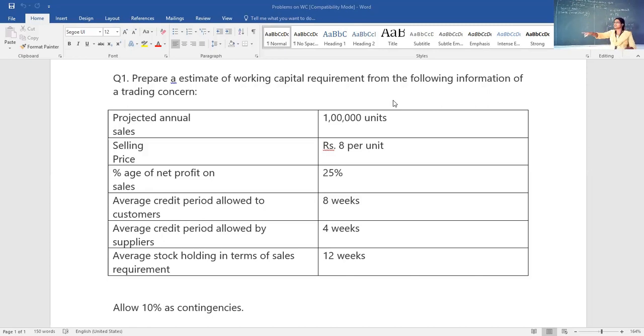Okay, so here the stock is given as 12 weeks, therefore I've taken 12 weeks divided by 52 weeks in a year. If it is in months, then I would divide it by 12. If it is in days, I will divide according to 364 or 365 days, or the number of days would be specified to me in the question. So how much are you getting? 1 lakh into 6 into 12 by 52.